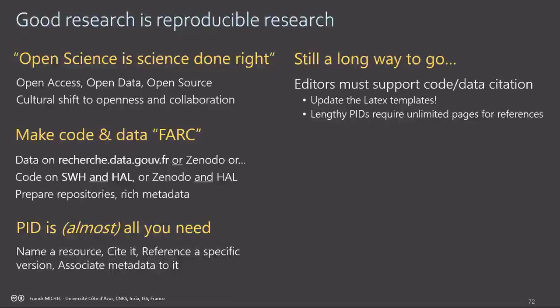But if we want people to cite data and code, then we should take the references out of this limit, give a number of pages for the article itself, and not limit the number of references you can provide, because otherwise people won't cite things.